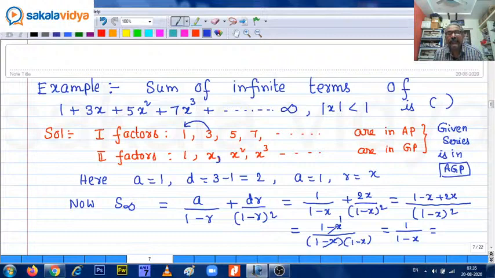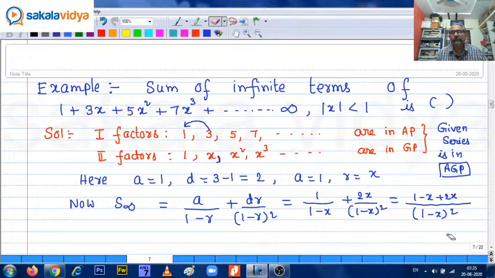So this equals to 1 plus x upon 1 minus x whole square. This is the answer. That's all.